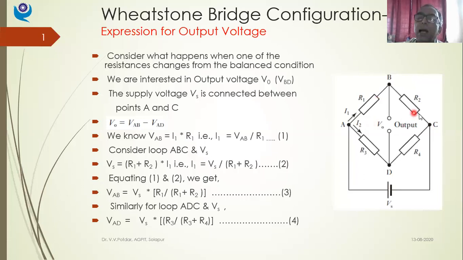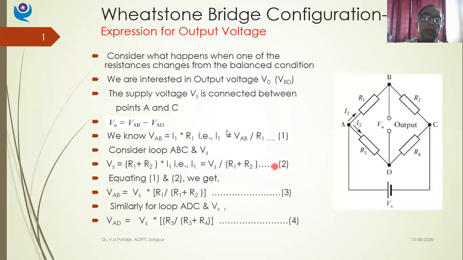Taking I1 common, Vs is equal to I1 into (R1 plus R2). Solving for I1, I1 is equal to Vs upon R1 plus R2. This is my equation number 2.